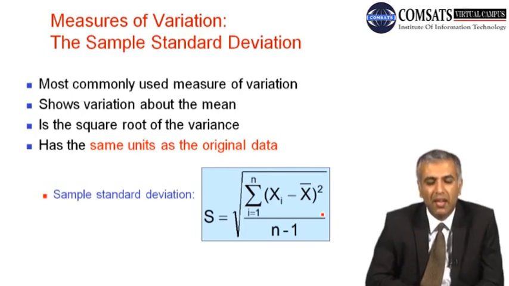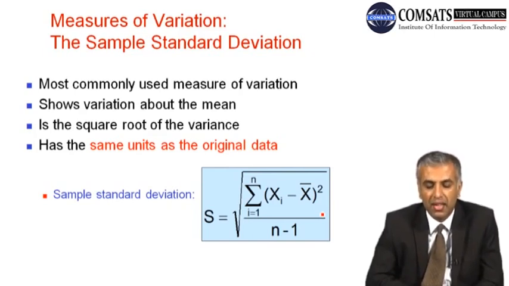Another measure of variation is the sample standard deviation. Again, it's the most commonly used one. Like all measures of variation, it shows us the variation about the mean, and it's the square root of the variance, and it has the same unit as the original data.